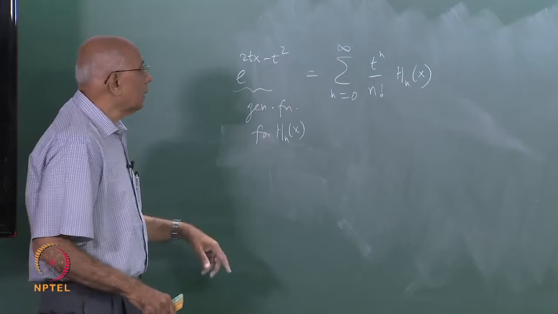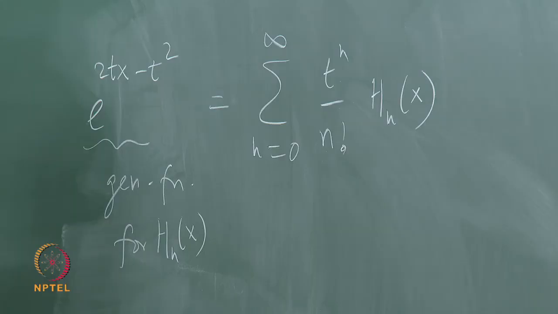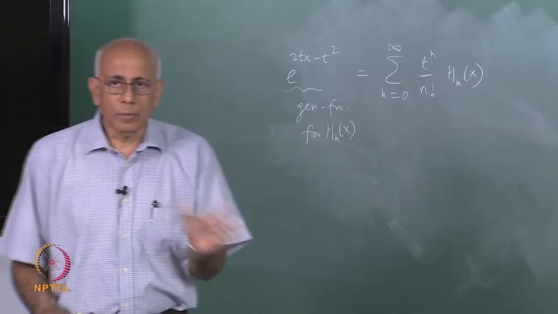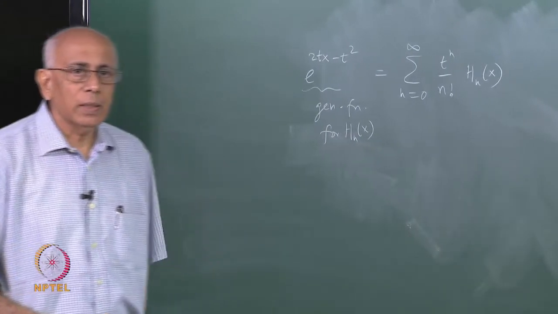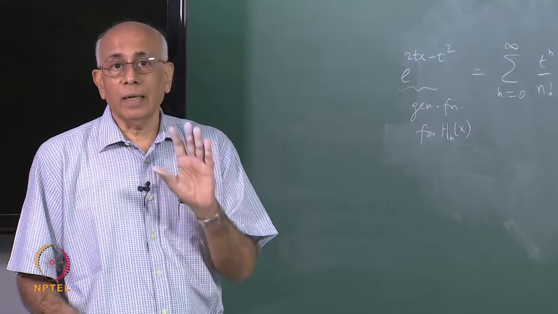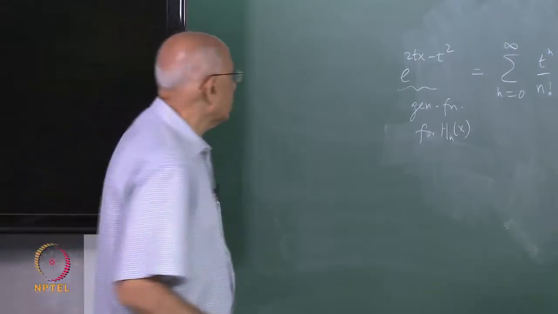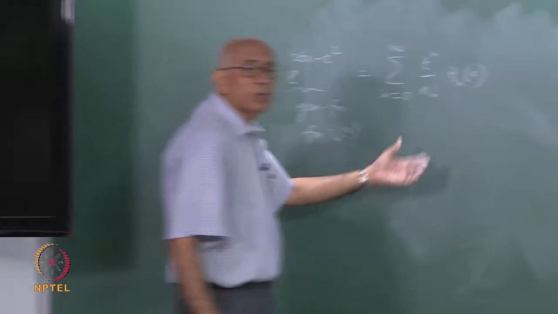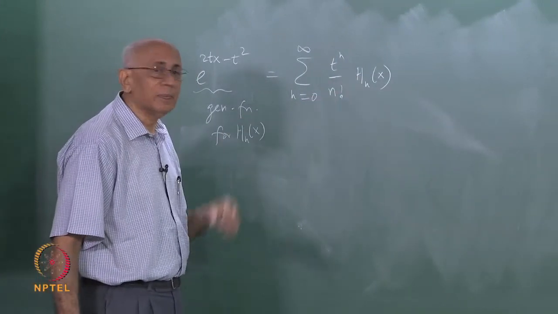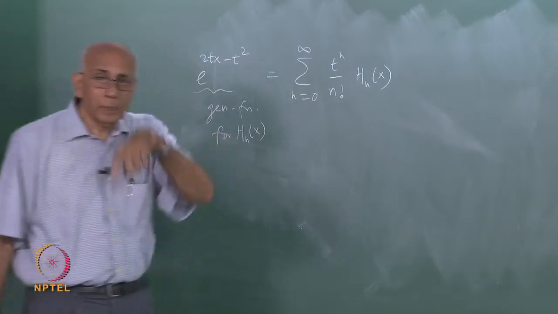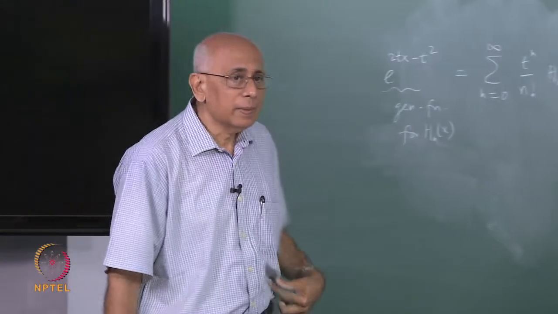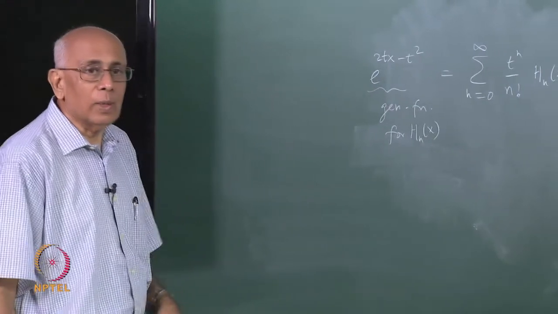Now, we are interested in real values of x of course, but as soon as you have a power series, you should think of it as an analytic function of the variable in which the power series is expressed. What is the radius of convergence of this in t? Well, look at the left hand side.